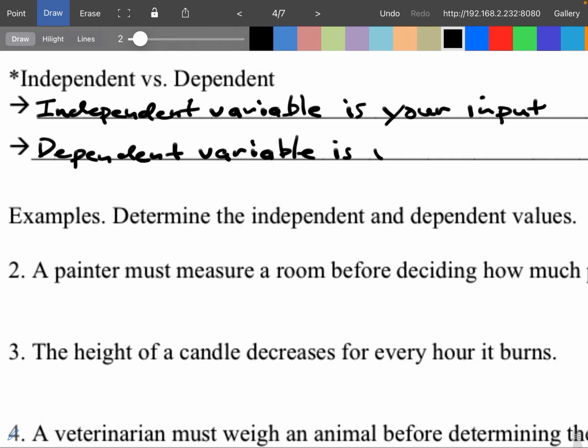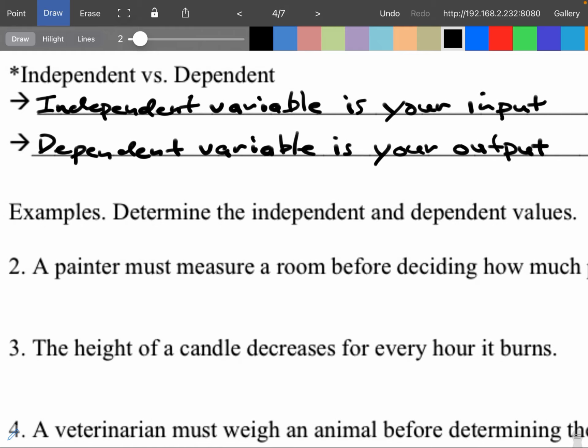And then your dependent variable is your output, which is y. Good. So the independent variable is your input, that's your x. Your dependent variable is your output, that's your y.